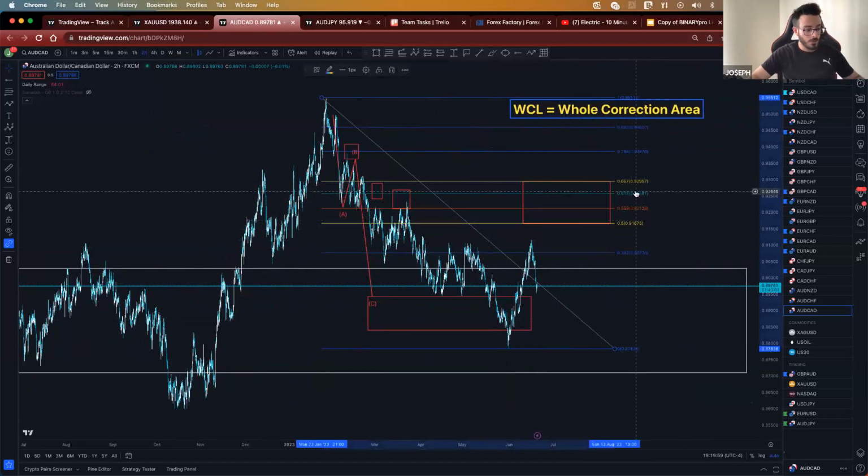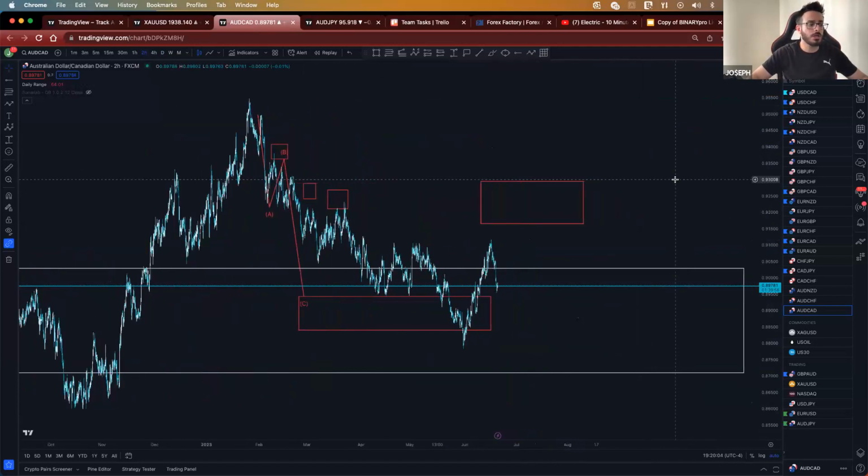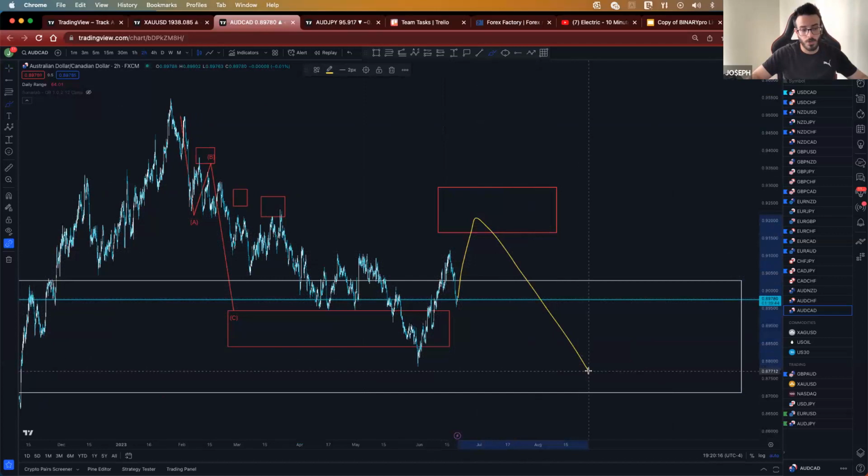Now, am I gonna be waiting all the time and not doing any trade on this pair or this currency until the price reaches this area and then try to sell the price to the bottom?